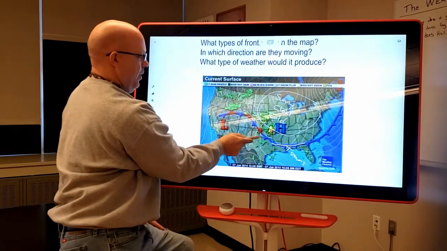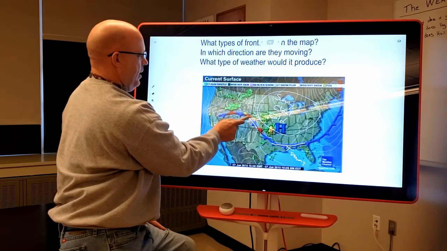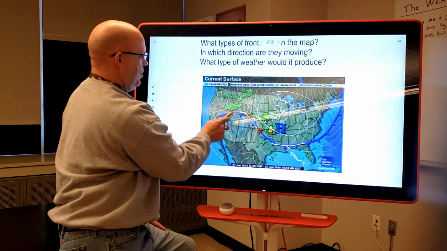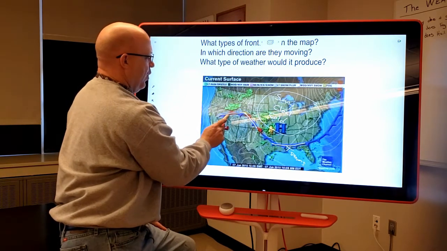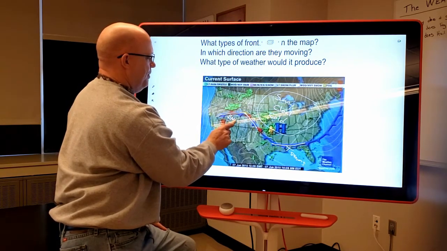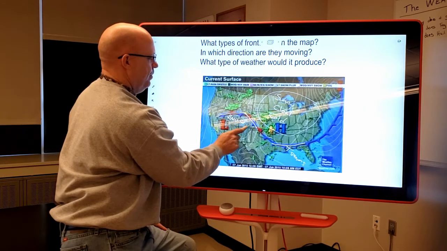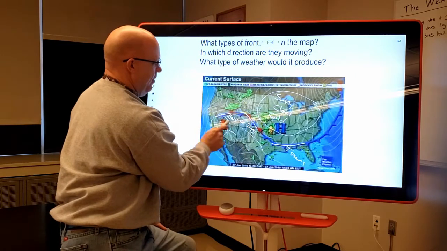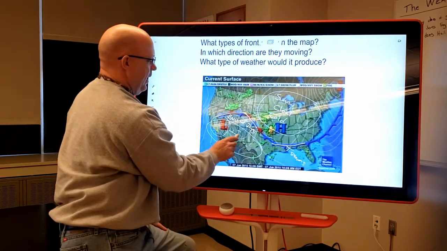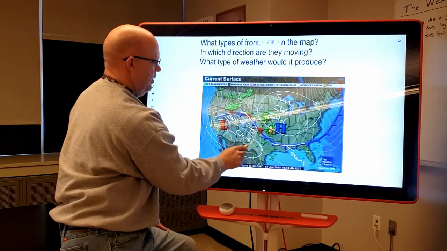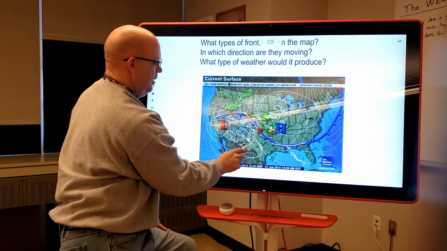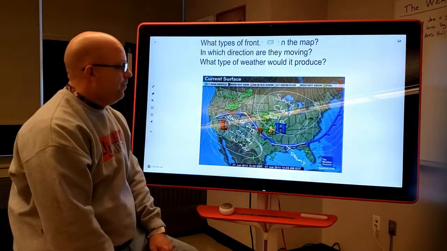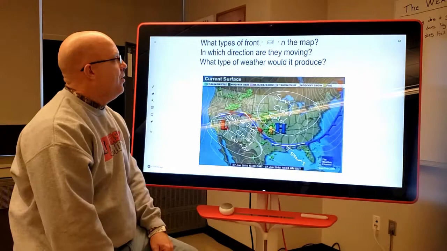And through Oklahoma, Colorado, Utah, Nevada, we're going to have rain for multiple days. And for this area down here, it is cloudy and windy. That's how you're going to do your weather forecast.